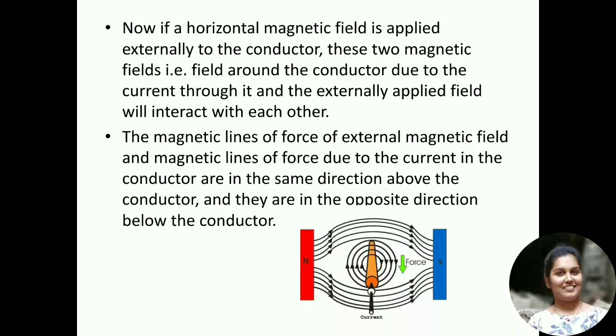In this picture we can see that the magnetic lines of force of the external magnetic field are from north pole to south pole, that is from left to right. The magnetic lines of force of the external field and those due to the current in the conductor are in the same direction above the conductor, and they are in the opposite direction below the conductor.